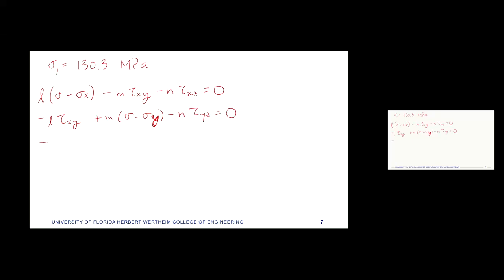And then the third one, similar structure, minus L tau xz minus m tau yz plus n times sigma minus sigma z equals 0. So that's our set of 3 equations.